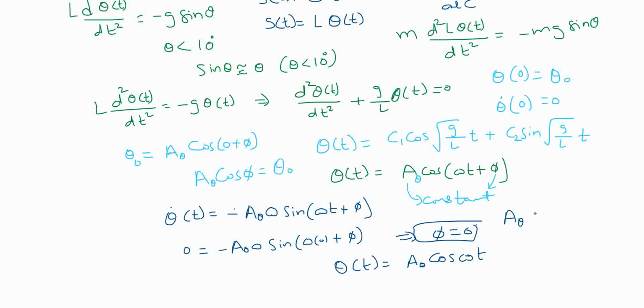Phi is 0, so cos 0 is 1, which is equal to theta naught. So theta of t will be theta naught cos omega t. This is the final expression that we have to find here.